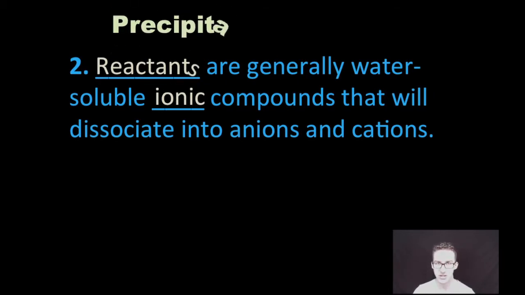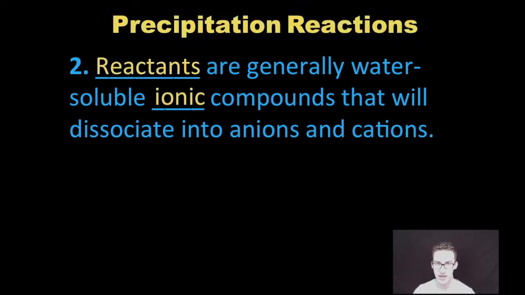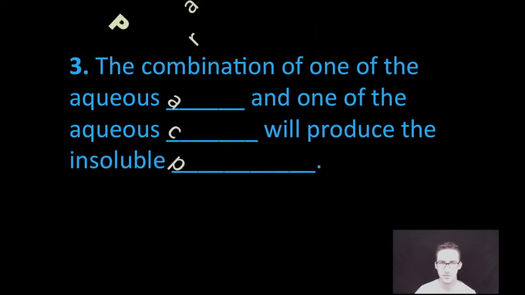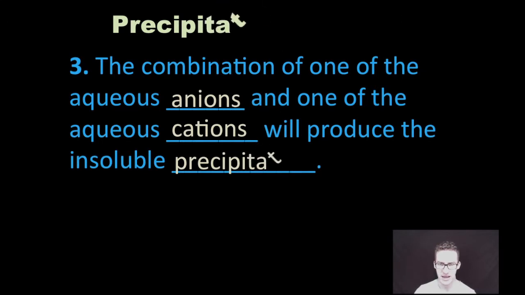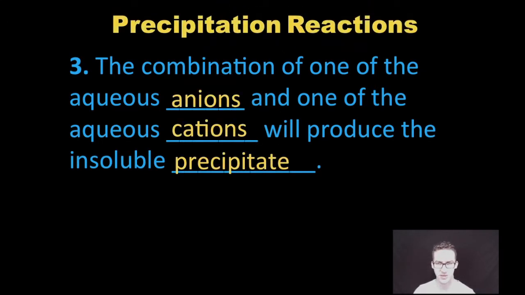Generally, in a precipitation reaction, your reactants are water-soluble ionic compounds that dissociate into anions and cations. Yet when you combine these two aqueous solutions together, one of the aqueous anions and one of the aqueous cations come together to produce that insoluble precipitate.